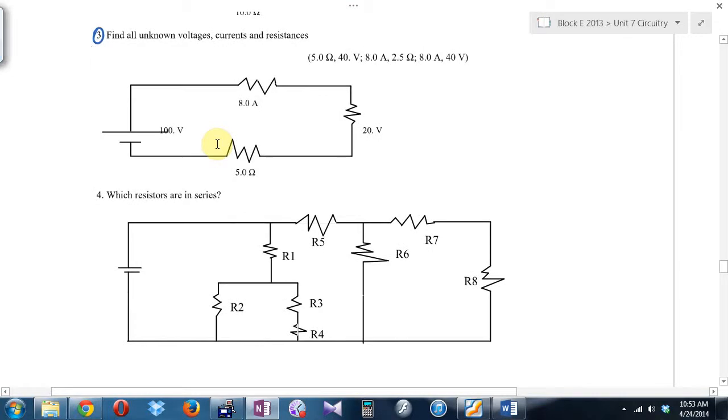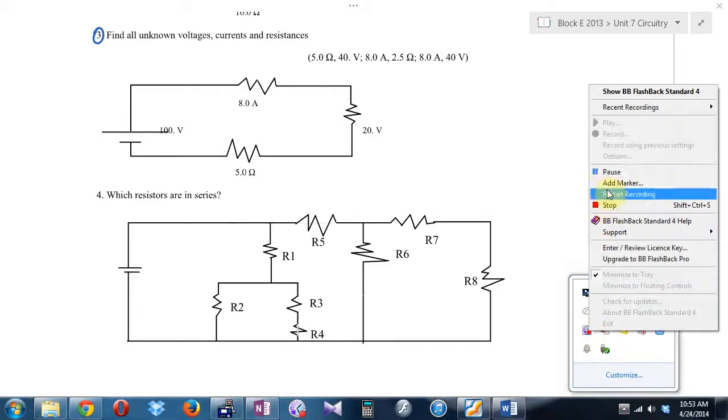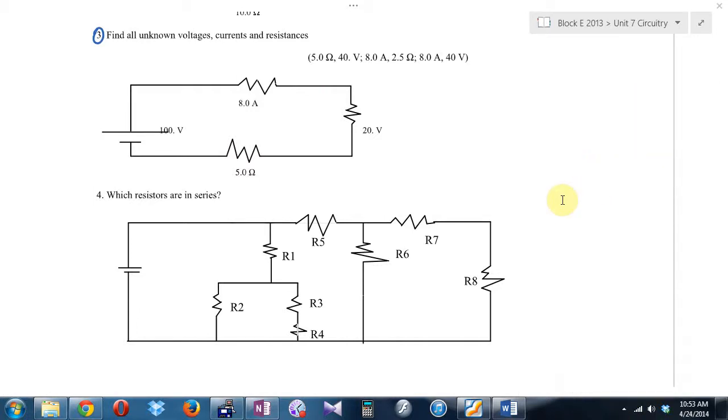Can you tell me which resistors are in series? Give me 1 second here. Looking at number 4, which resistors will have the same skiers, the same current, the same charges go through them? Suggestions. I'm sorry, I hear people whispering, but I'm not sure.